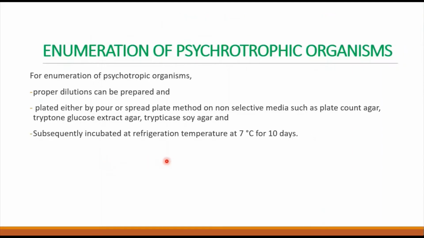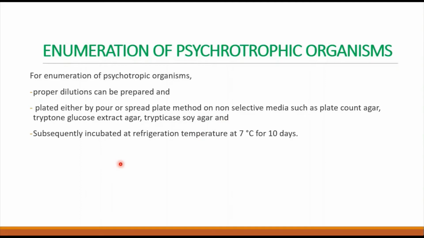Then how do you enumerate the psychrotrophic microorganisms? The enumeration can be done by preparing the proper dilutions and then plating either by the pour plate or the spread plate method on non-selective media such as plate count agar, tryptone glucose extract agar, or trypticase soya agar.